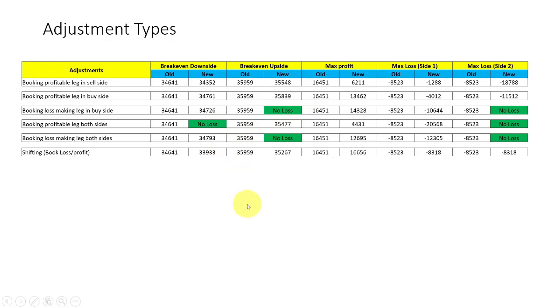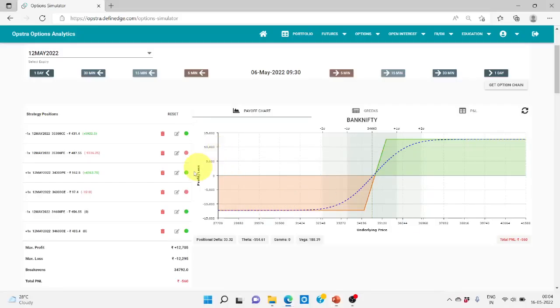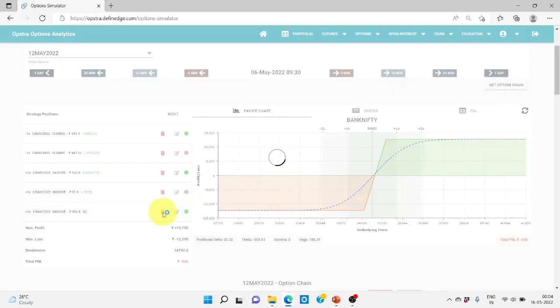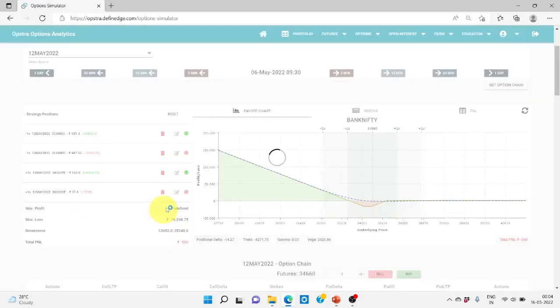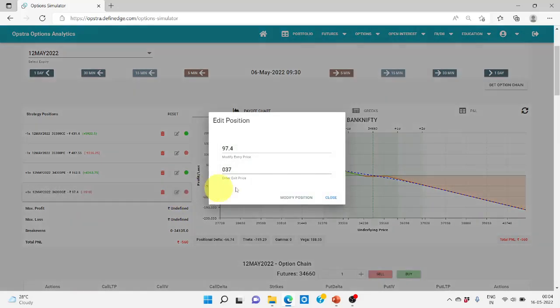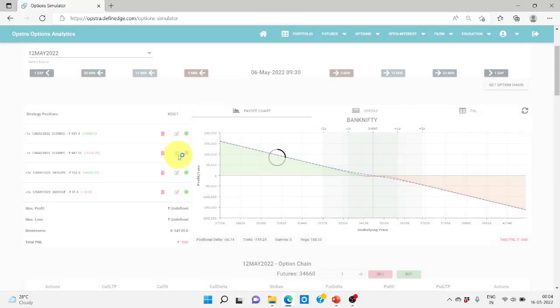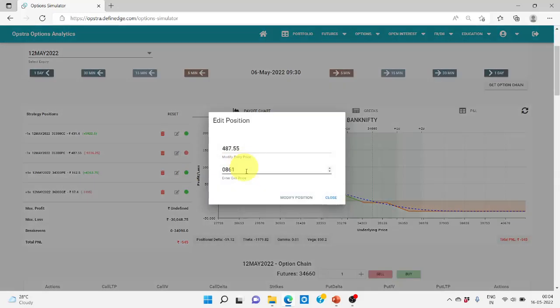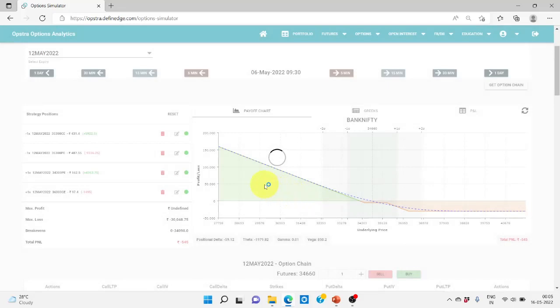Then we will go to a different strategy called shifting. I'll explain what exactly shifting is. Say once this break even is breached, at 9:30 of the next day, when we saw that the break even is breaching, we just book loss in this strategy.